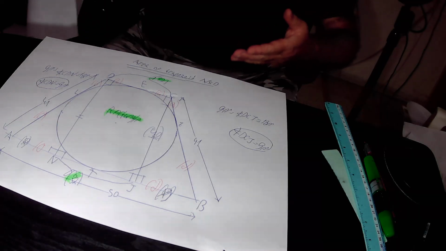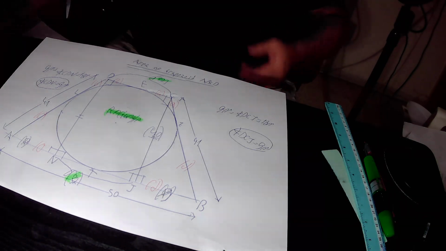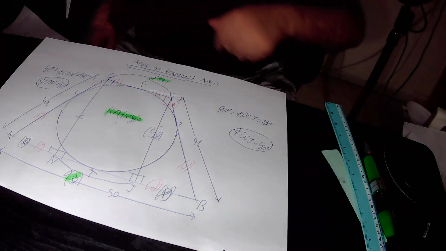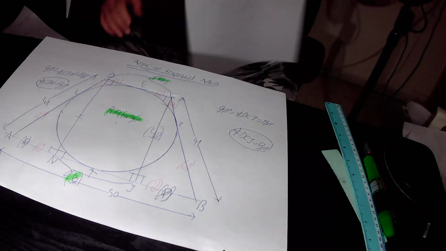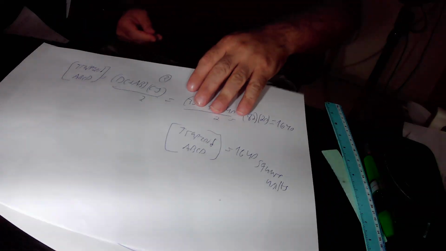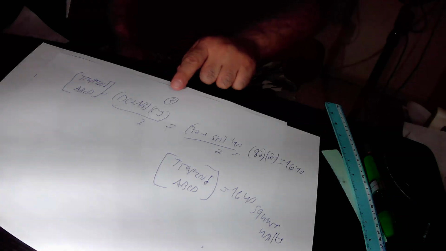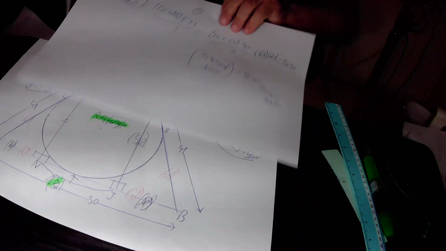And we know that the area of trapezoid ABCD equals the sum of its two parallel bases times the height over 2.